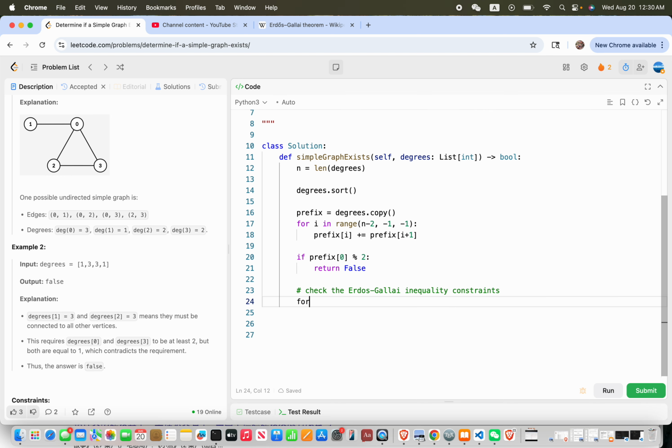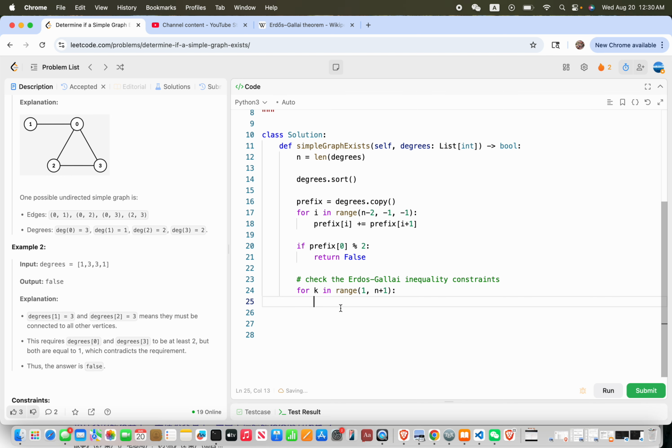Here we need to consider k in range from 1 to n, so we write from 1 to n plus 1. If we consider k terms, the left hand side will be prefix negative k. For example, you can print out k equals, and what the left hand side is.